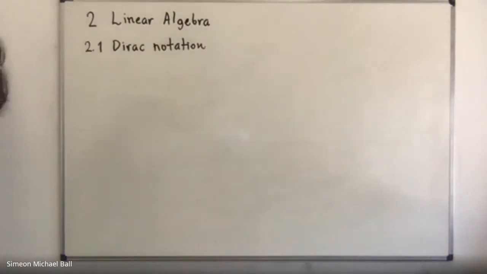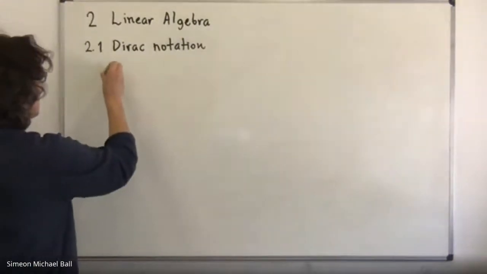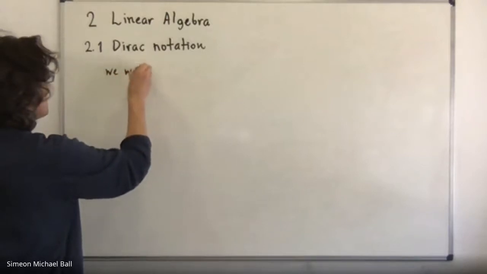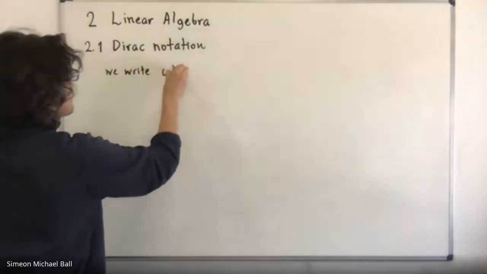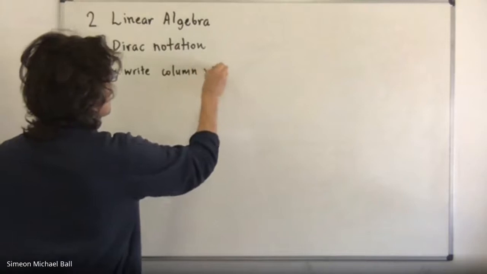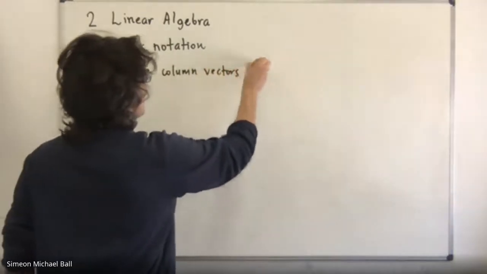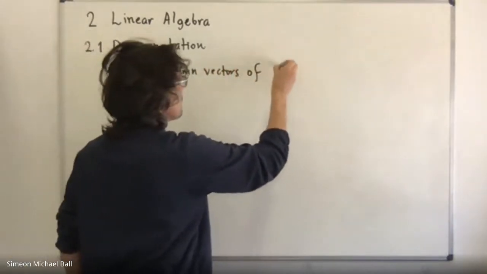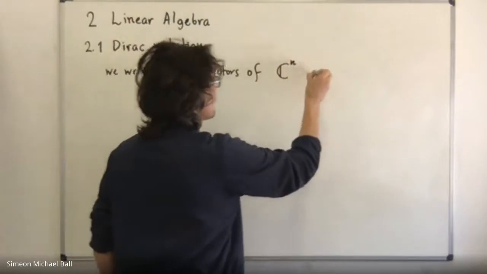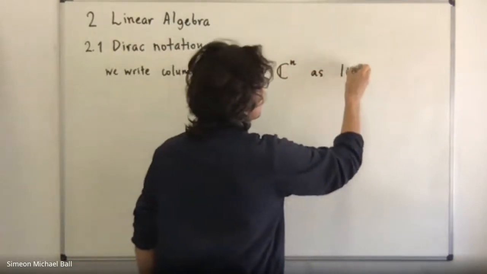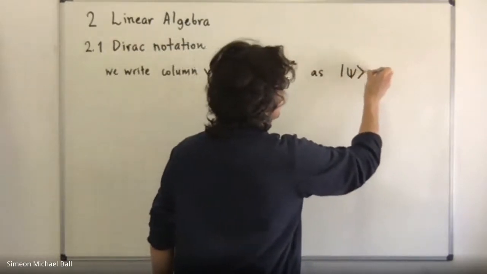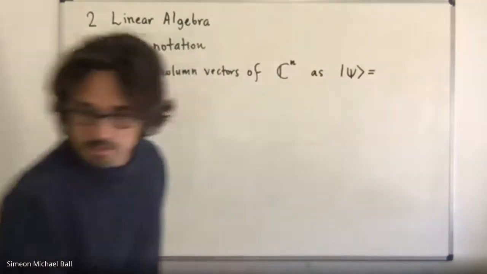So we write column vectors of our complex vector space as a ket. This is a column vector.